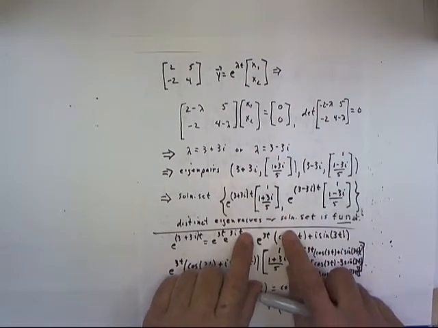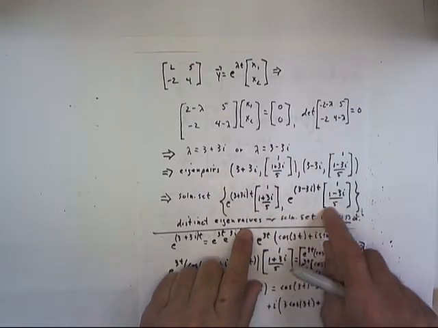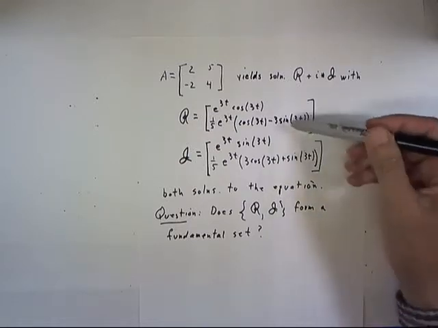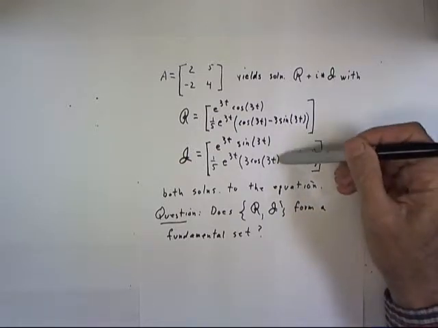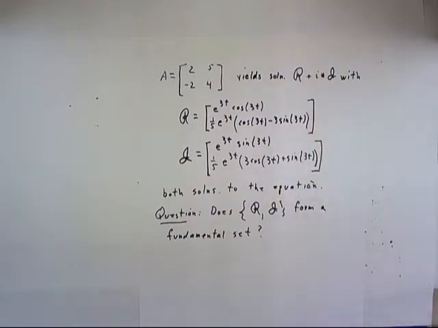And this is a solution set since we got this from distinct eigenvalues. But the question now is, could we get a simpler solution set just using the real and imaginary parts of that first solution function coming from the first set of eigenpairs without even considering the second?